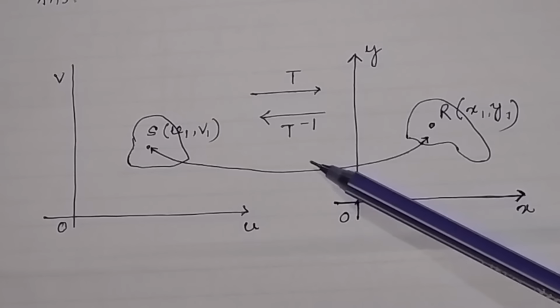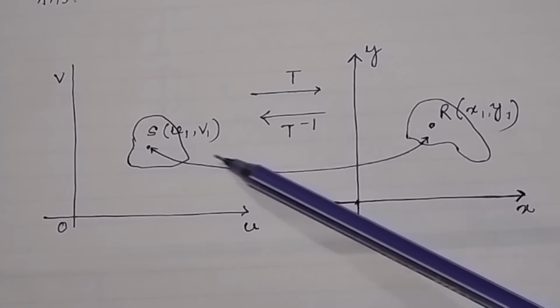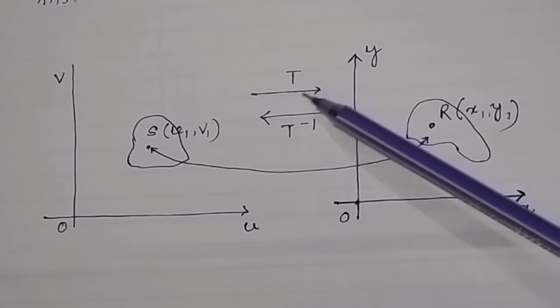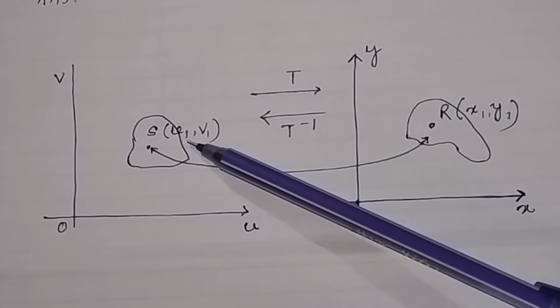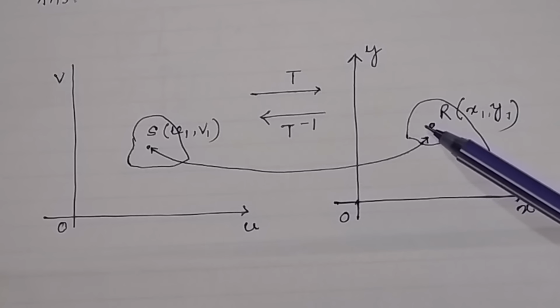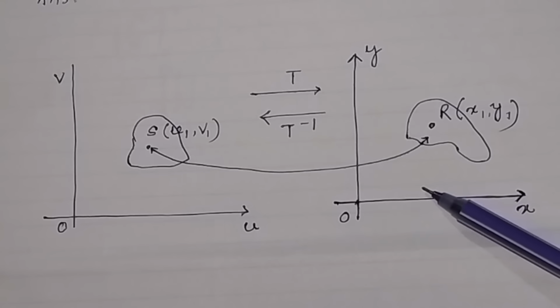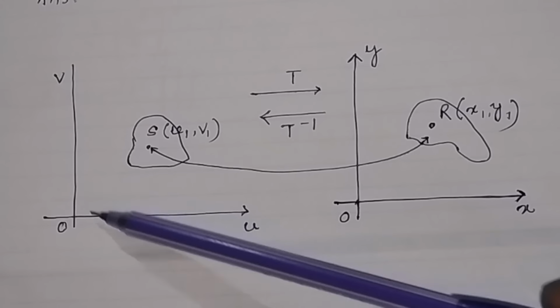Suppose you have a transformation function from S to R. So this is the transformation function, and S is a function of u1 v1 and R is a function of x1 y1. This is your, suppose, xy coordinate, this is your uv coordinate.